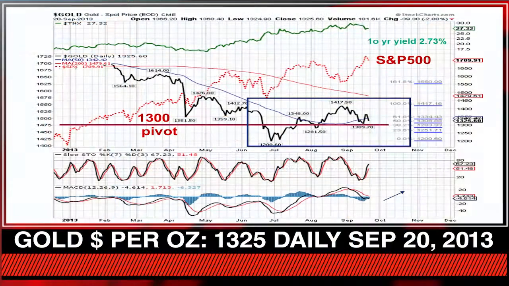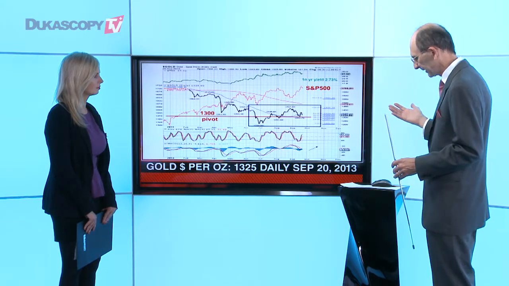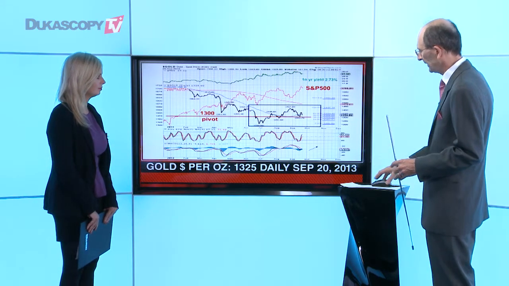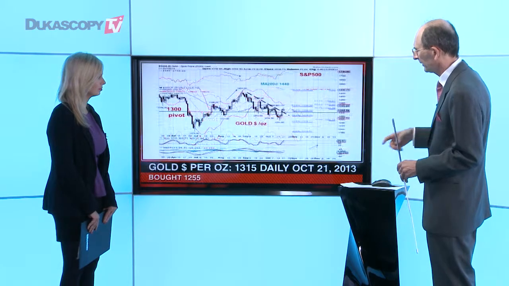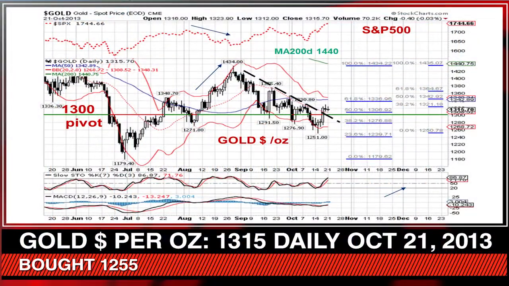And we noticed then what the important line is. The important line is written here, 1300 as a pivot line. And we would like to know what happened right now. Let's look at that. We see basically the price of gold from September to October going from 1435 to 1251.